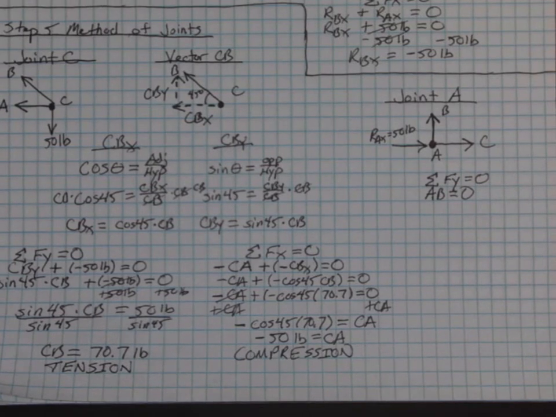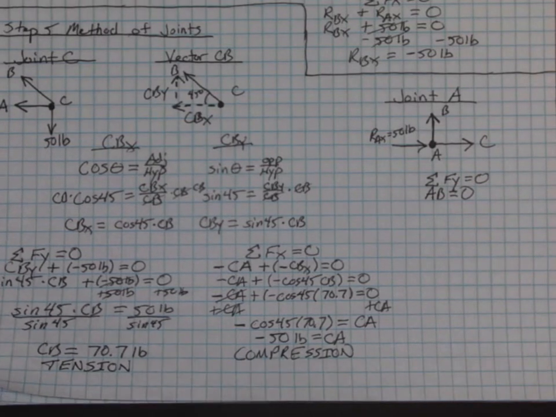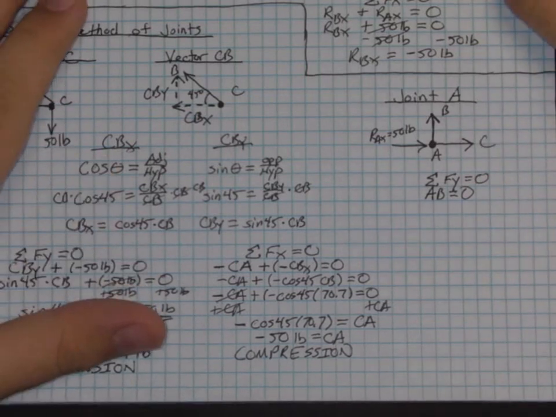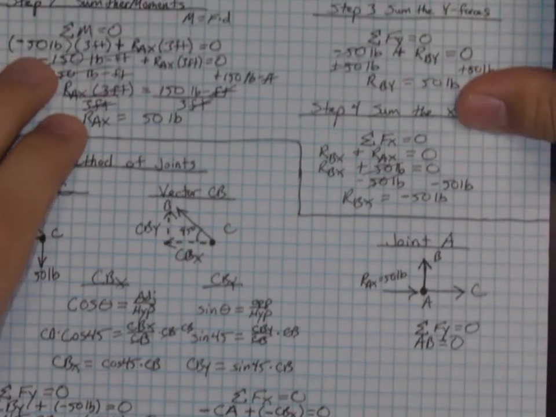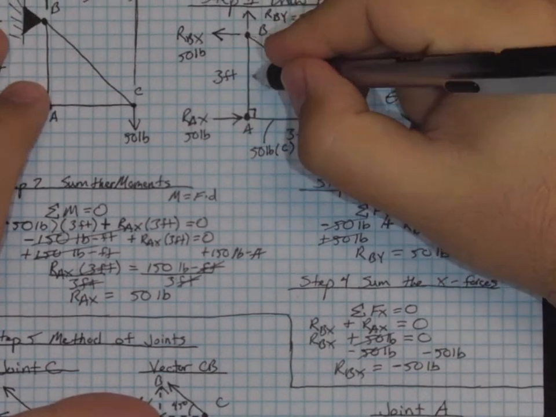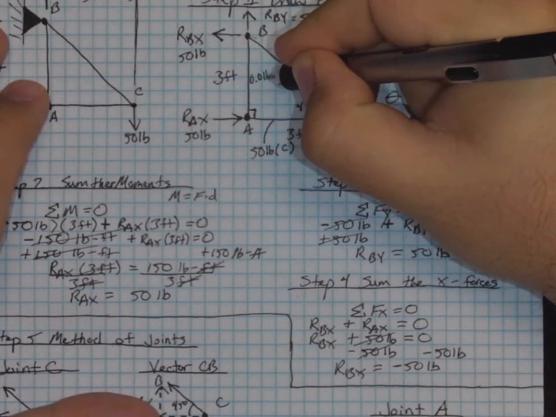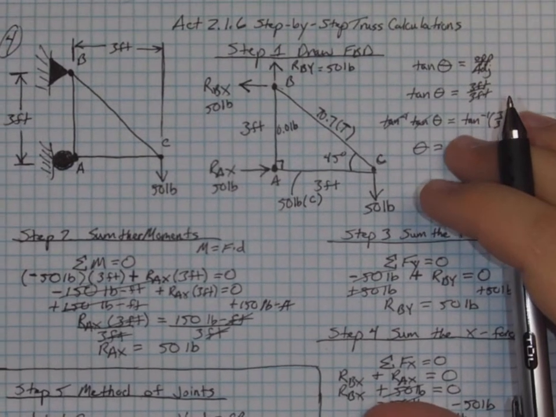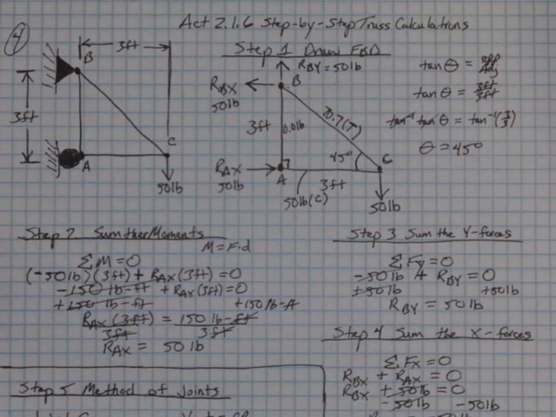So AB is not experiencing any force. And this finishes out our truss structure. So when I go up here, 0.0 pounds. And here we have now finished our truss calculations for this 3-member truss.